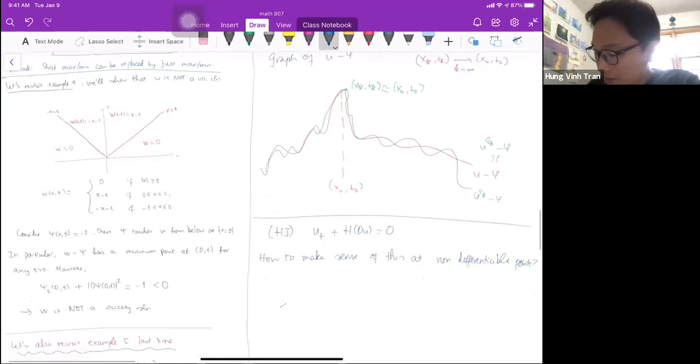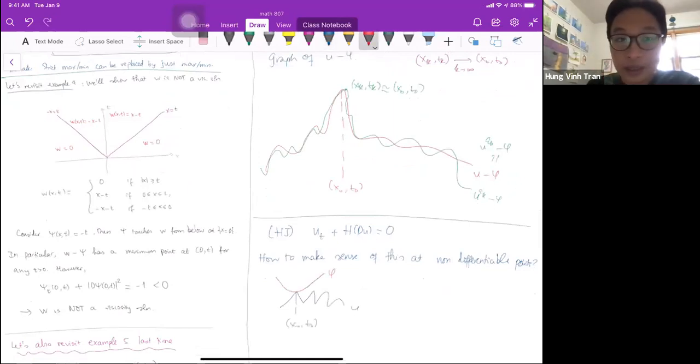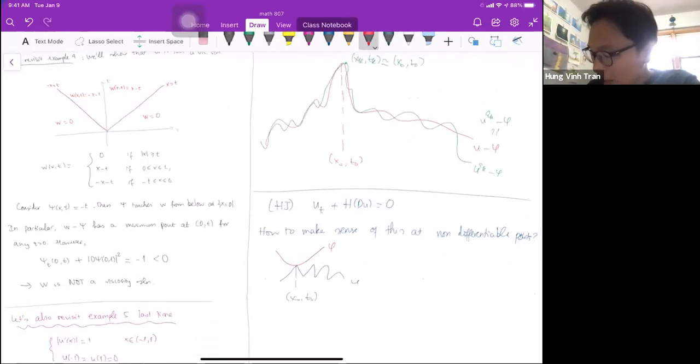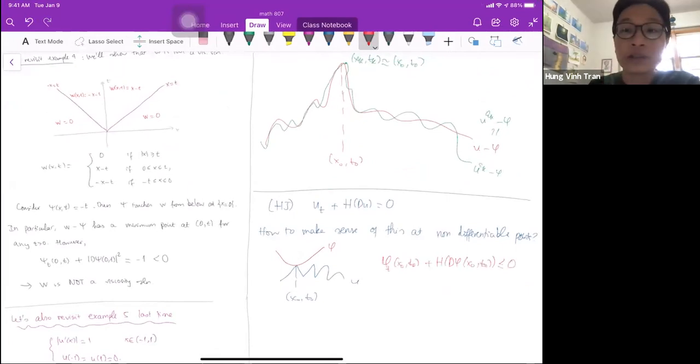For example, this is u at a non-differentiable point x naught t naught. I don't know how to make sense of it, but if I touch it from above by a function phi, then I would require that phi t at x naught t naught plus h of d phi at x naught t naught has to be less than or equal to 0.